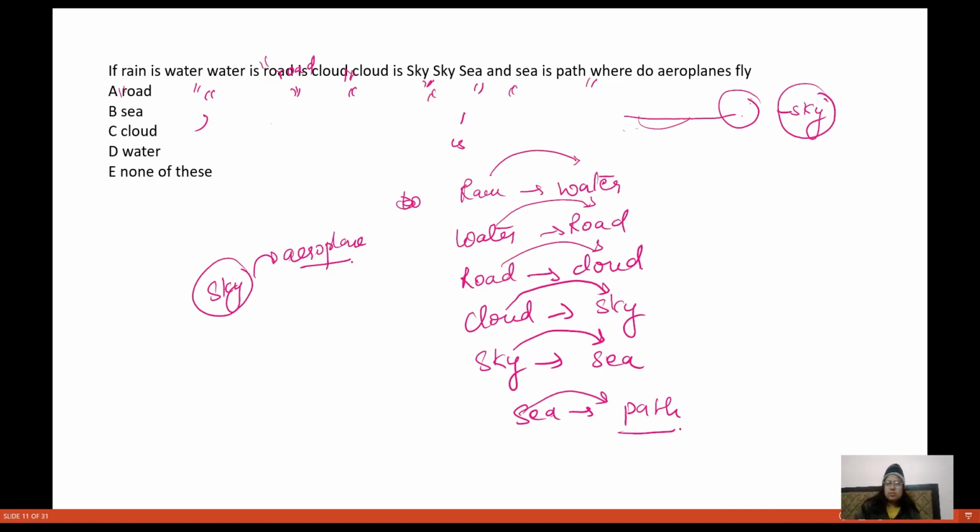So where do the aeroplanes fly? See, it is saying cloud is sky, but sky is sea. So we'll write sea.